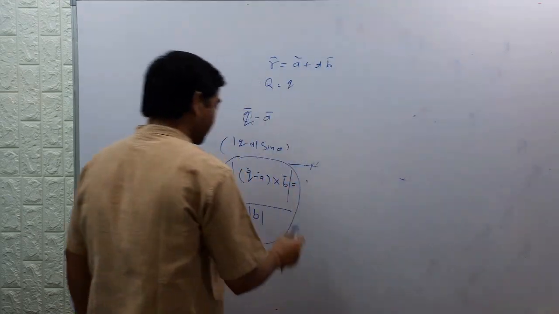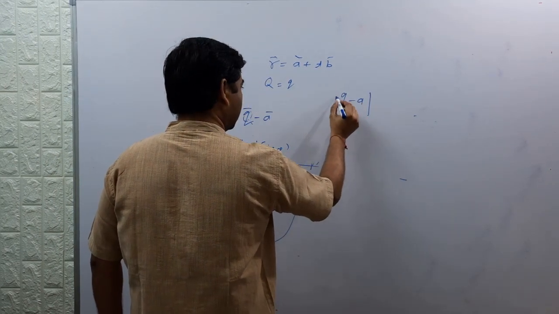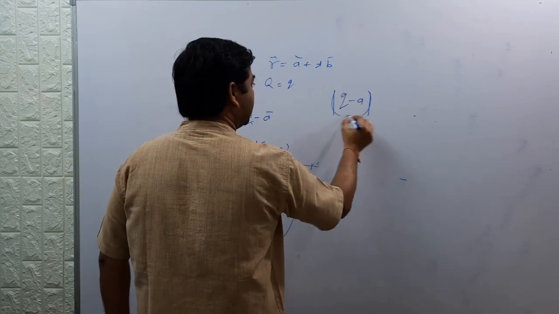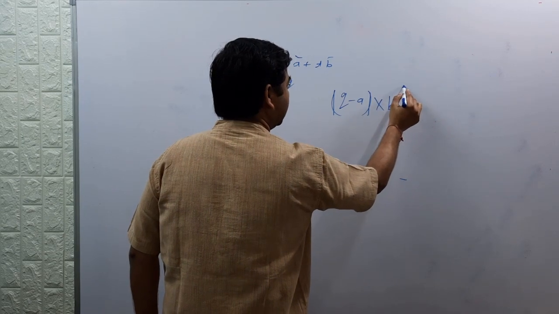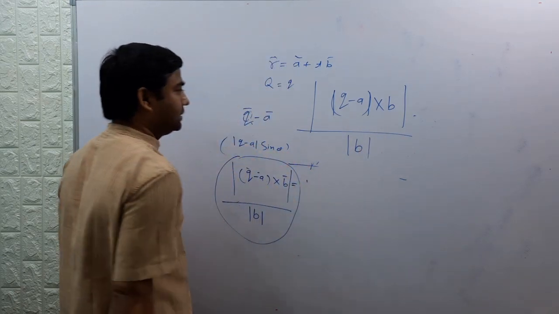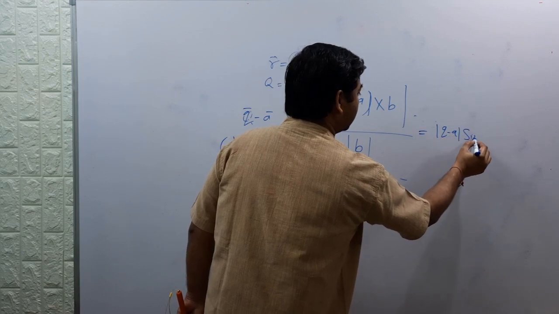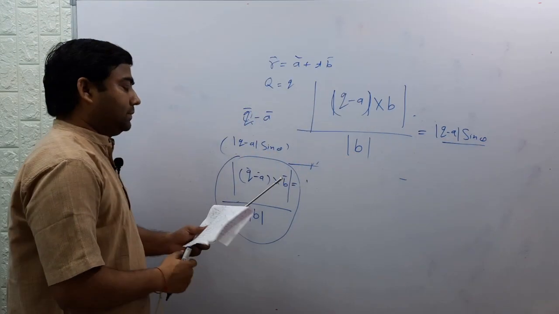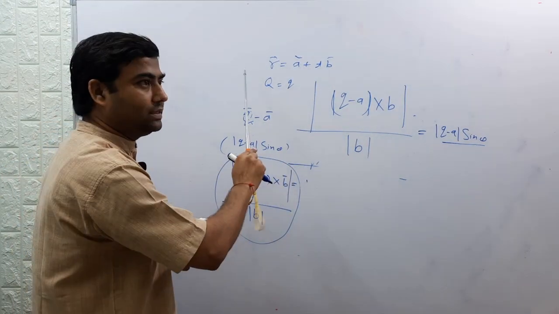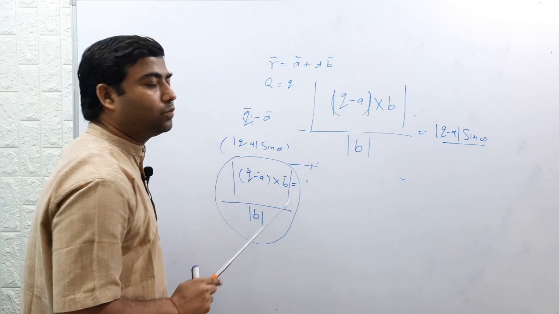So the perpendicular distance is mod of (vector q minus a cross vector b) divided by mod of b, and this will be mod of (q minus a) sin theta. This is the perpendicular distance between the given point Q and the line parallel to b passing through point a.